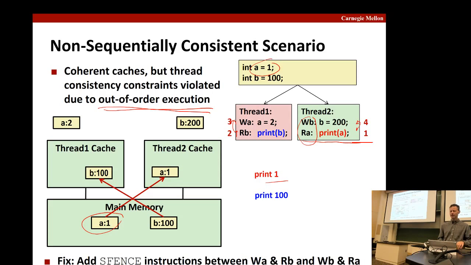All right. Now, the dirty secret is that while everybody, programmers and software, want sequential consistency, there's typically a heavy performance penalty to be paid in order to have a processor that supports it.